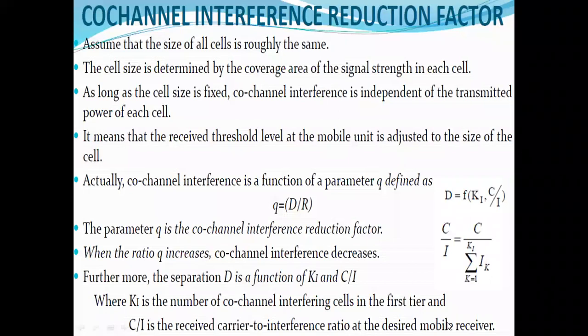Now I will discuss the co-channel interference reduction factor, which is the next concept. In this concept, we have to get the value of k so that we can get optimum performance, that is, the co-channel interference factor is less.